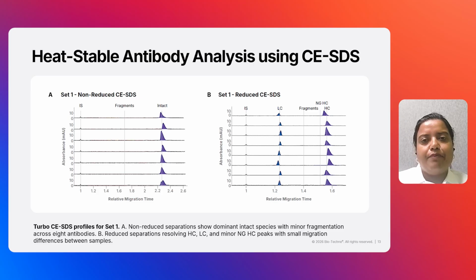Additionally, all samples show a modest level of fragmentation. The analysis of the same set of antibodies under reduced conditions, on your right, resulted in well-resolved heavy chain and light chain peaks, along with minor peaks that are likely non-glycosylated heavy chain peaks. And minor differences in the relative migration times are observed between the samples.